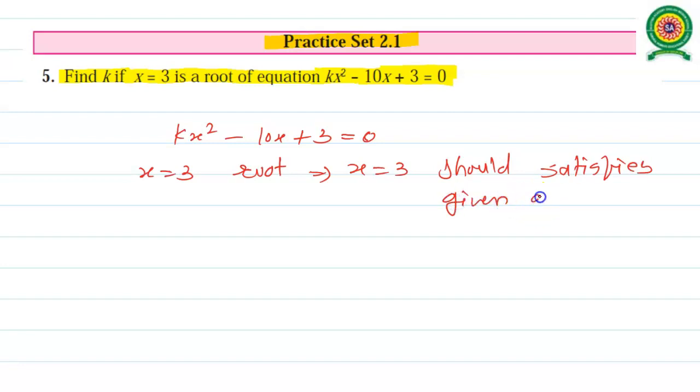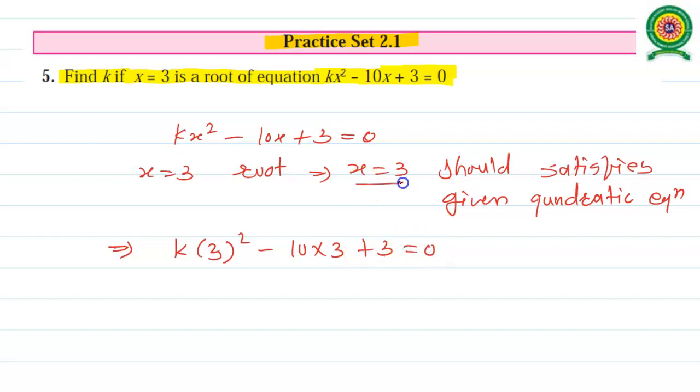That means once we replace x by its value 3 in the given quadratic equation, we get k into 3 square minus 10 into 3 plus 3 equals 0. We have to replace x by 3 only. So 3 square is 9, 9 into k is 9k, minus 10 into 3 is minus 30, and plus 3.